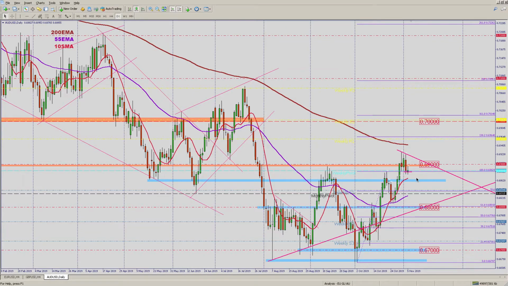But that's further down the week, and probably next week. We'll see how far that retracement goes.